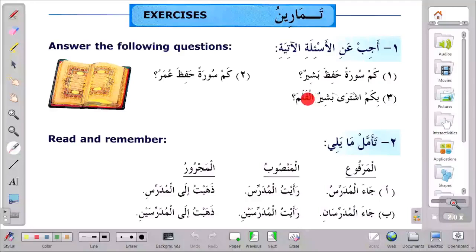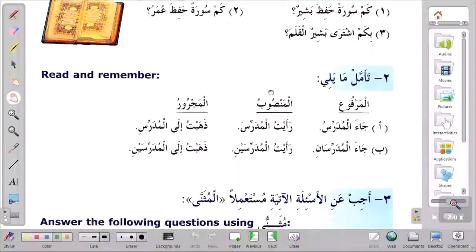How much did Bashir buy the pen for? We just saw it at the end, he said 2 riyals, so ishtarahu biriyalaini, he bought it for 2 riyals.